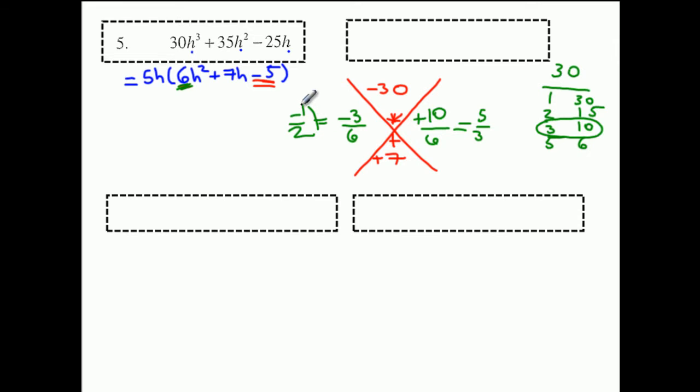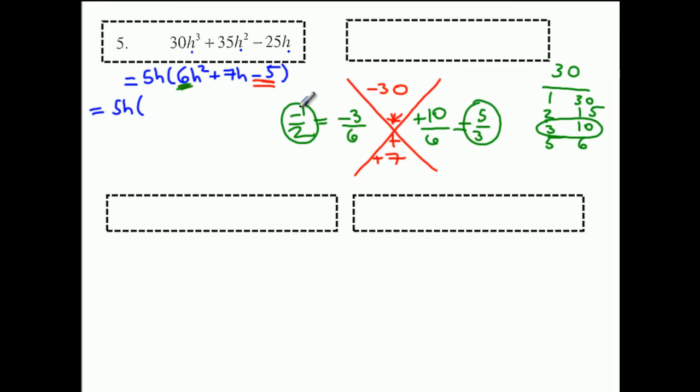So these 2 fractions will give you what your factors will be, what you'll end up with. This whole thing over here was so that we could factor this part of our question.